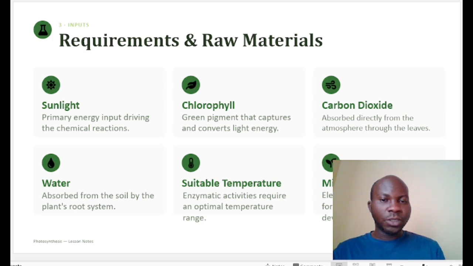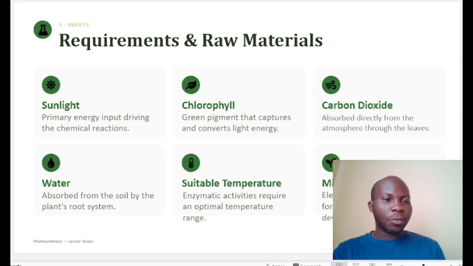The second raw material is chlorophyll, a green pigment that we find in green parts of the plants, such as in leaves and in young stem, and this chlorophyll is there to absorb the sunlight.